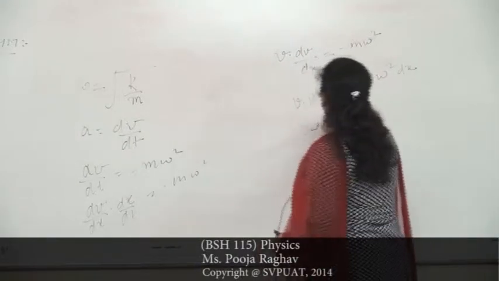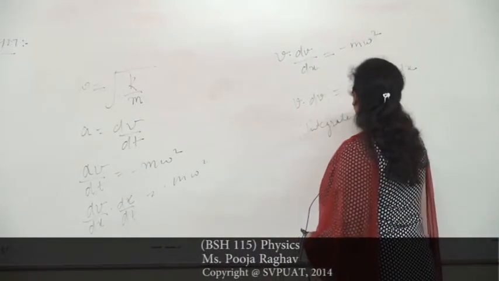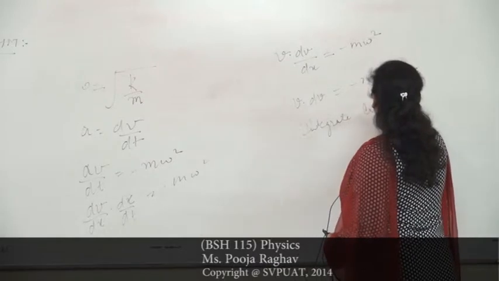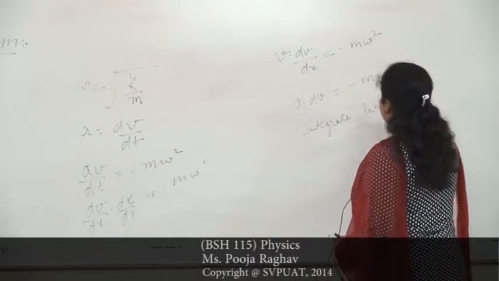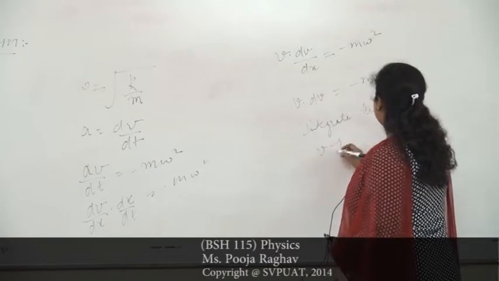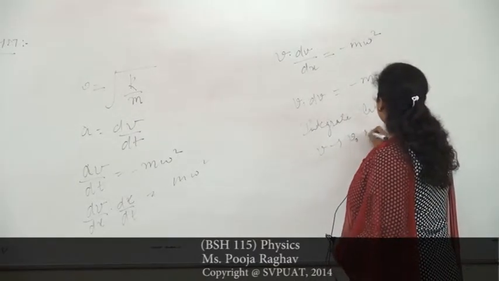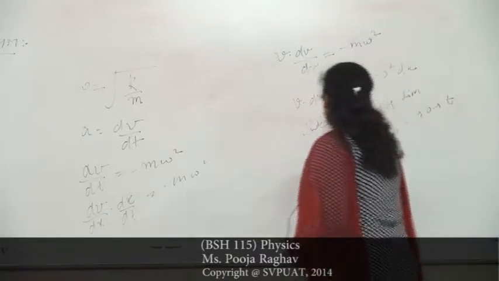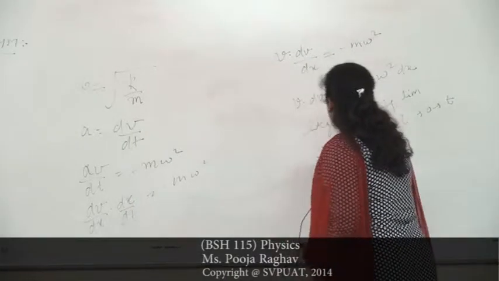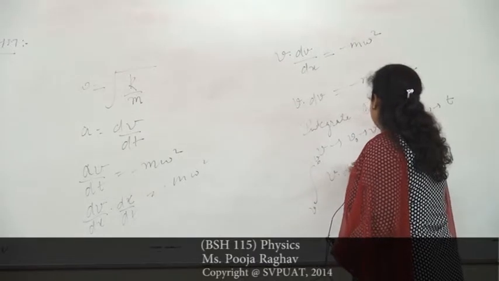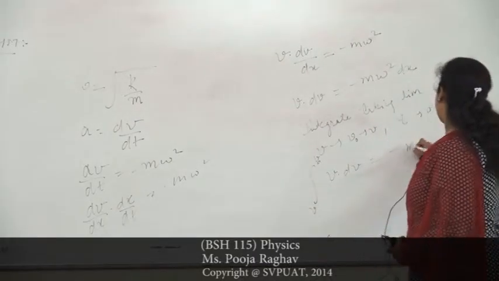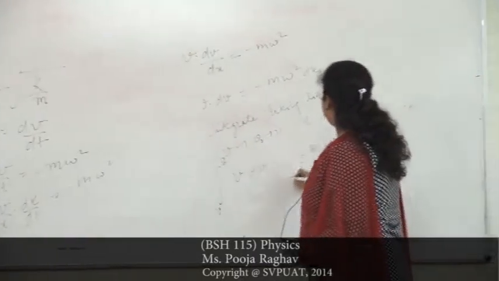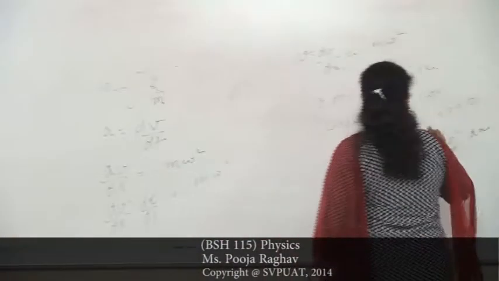Now we have to integrate, taking limits. The limits of v are v naught to v, and of x are 0 to x naught. v naught to v of v dv equals minus omega square, x naught to x of x dx.